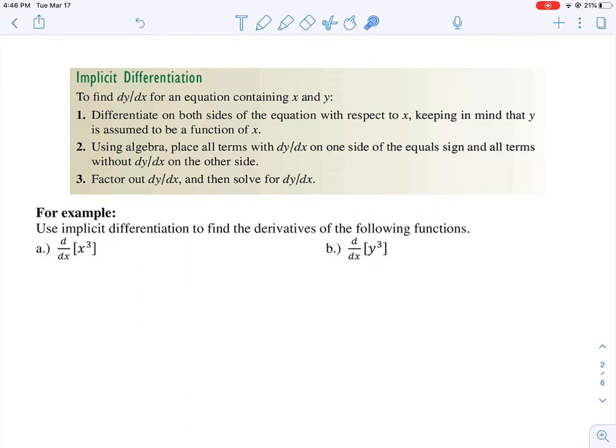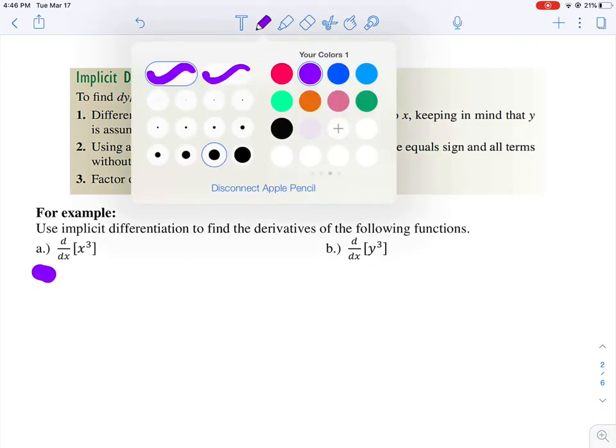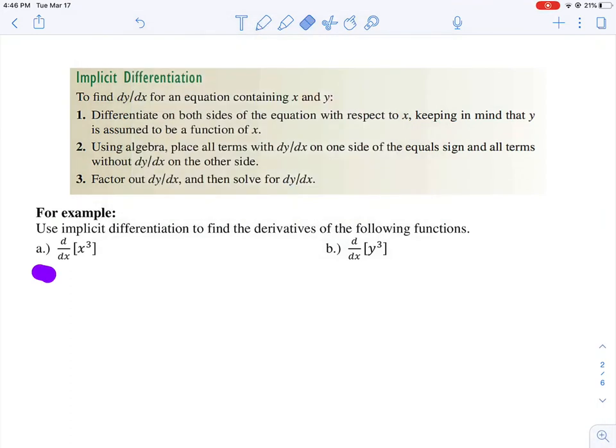And so when we've been finding the derivative, for example, if I give you this problem here, we've been finding the derivative of this equation with respect to his variable. Do you see how those two variables kind of match? And so we can find the derivative of x cubed by saying 3x squared and using our power rule.